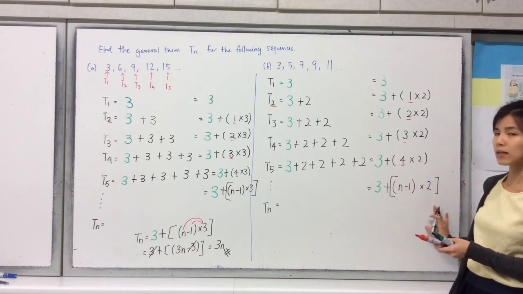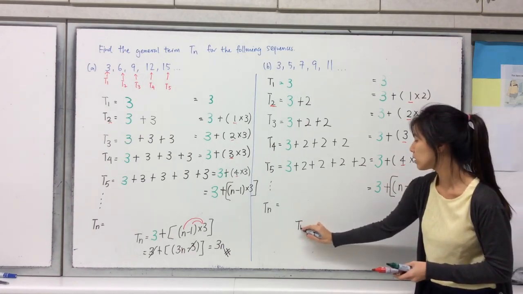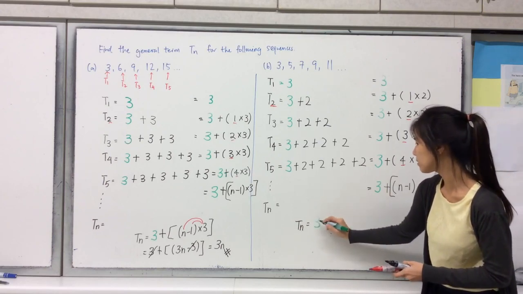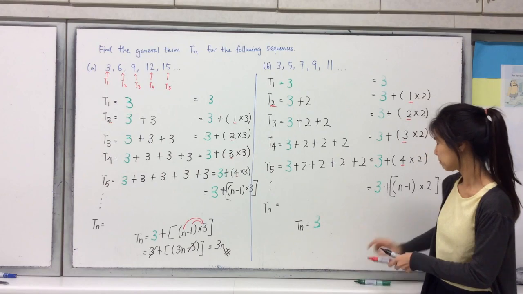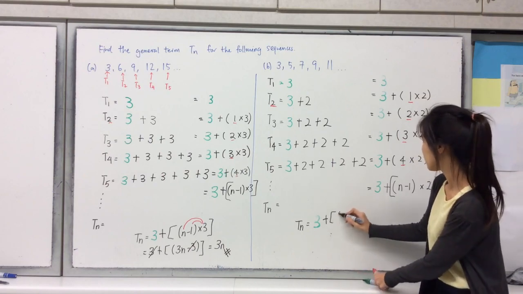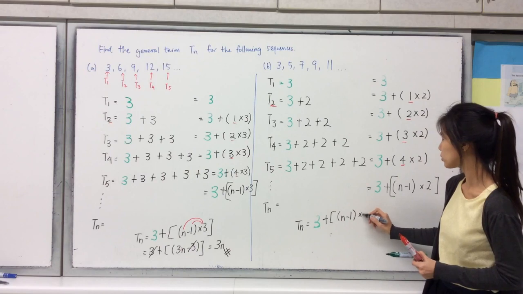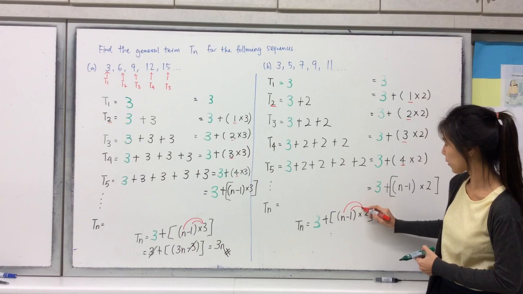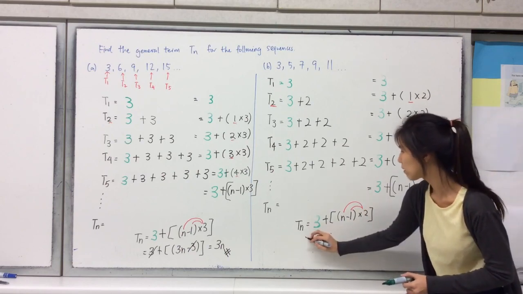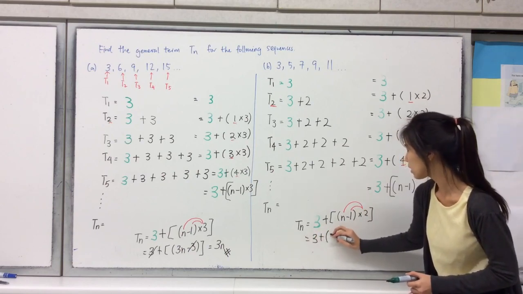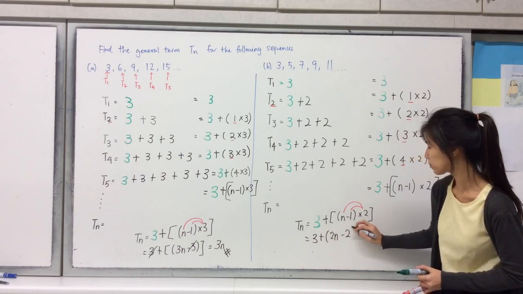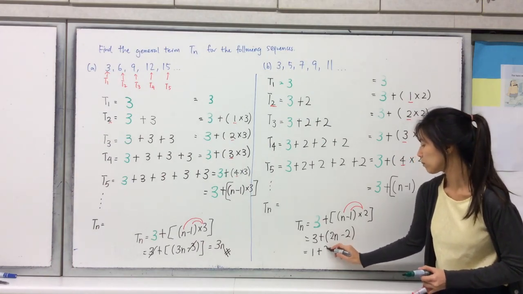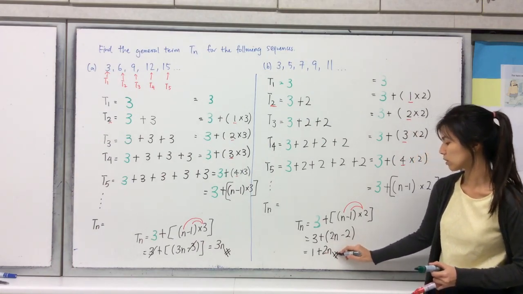So now we will have Tn equals 3 plus n minus 1 times 2. Expand out to remove the brackets. And what will you have? 3 plus 2n minus 2. 3 minus 2, you will have 1 plus 2n. So this is your general term Tn.